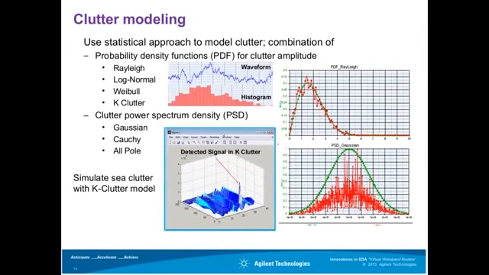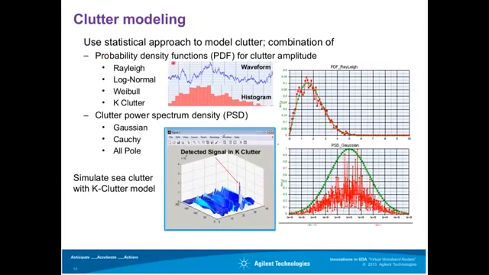And another important model is the Clutter model. You know, in order to test your radar EW design under the complex environment, clutter always is a very important role. So in SystemVue, we have a statistic clutter model.